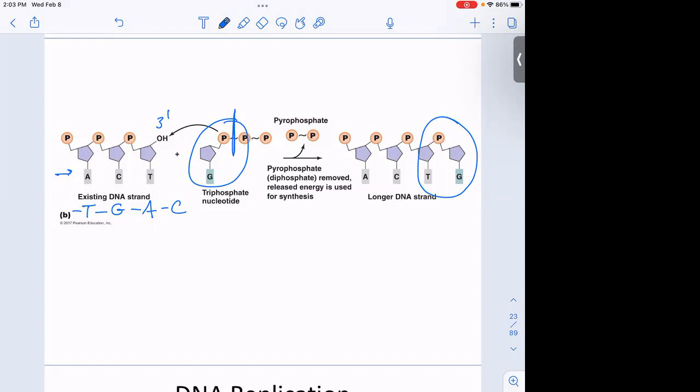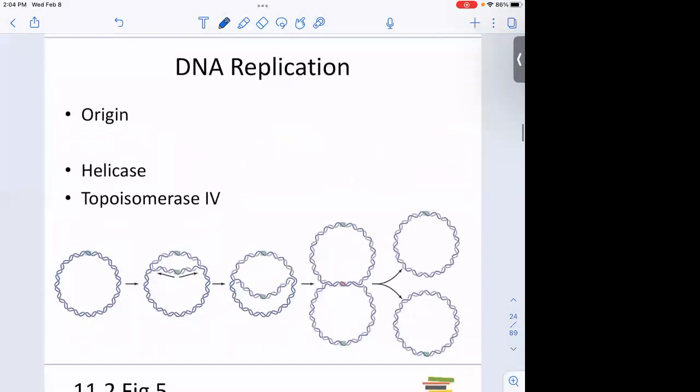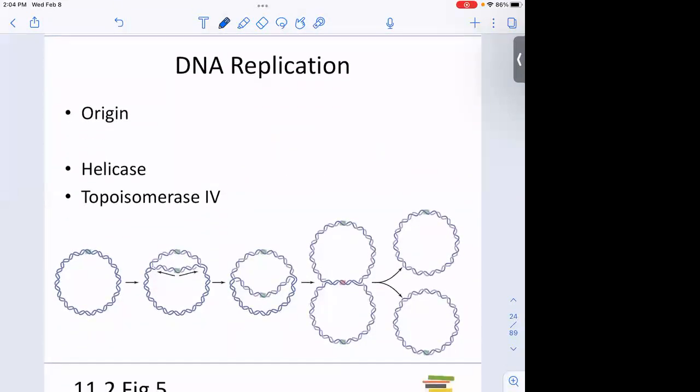So a little more detail. So in bacteria, remember there's a circular chromosome, and where that replication begins is a place called the origin. Okay, the beginning. It makes sense, I hope.